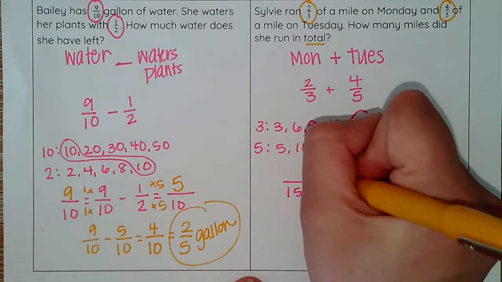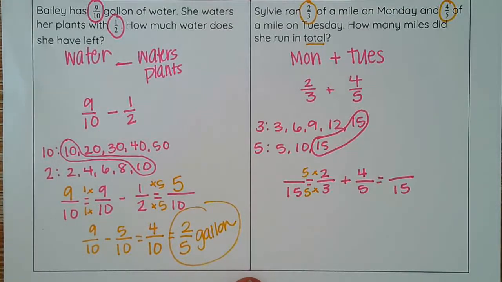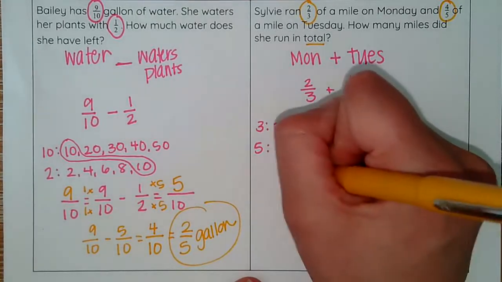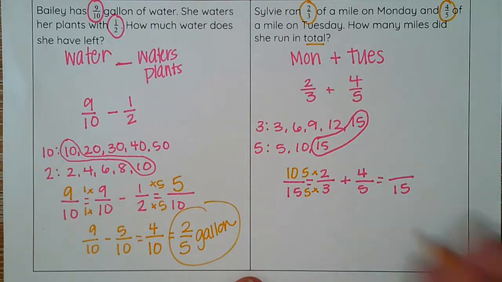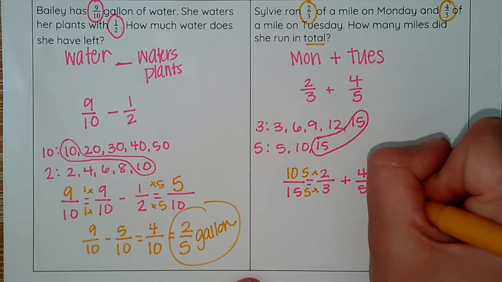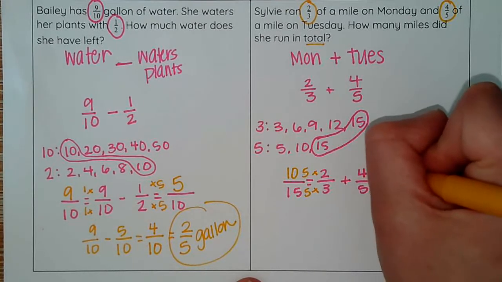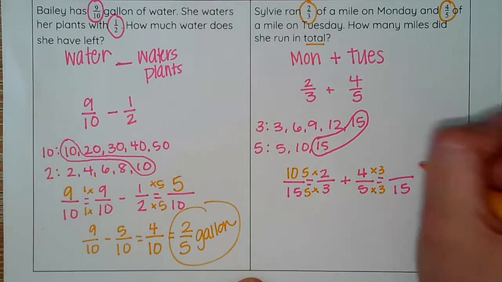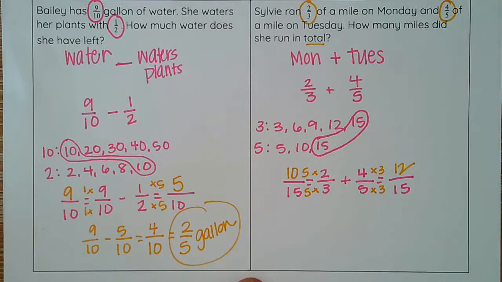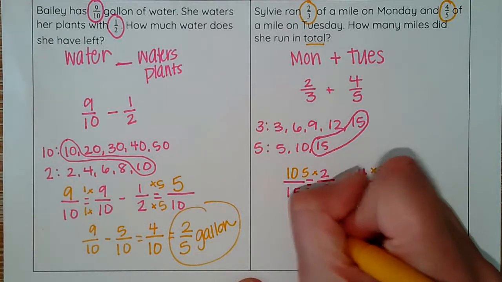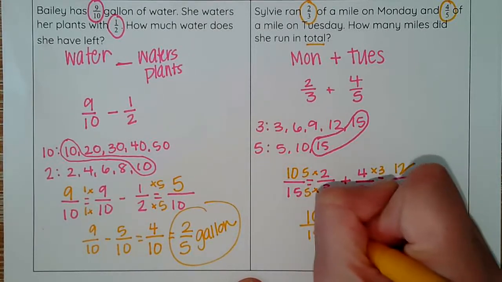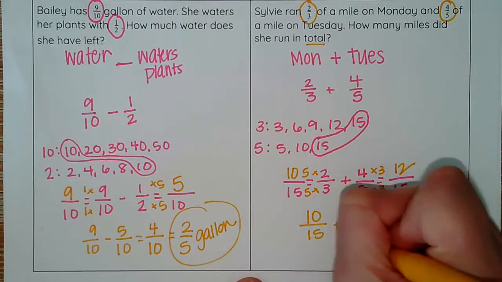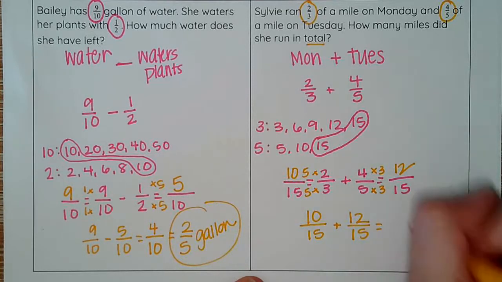Because I multiply my denominator by 5, I multiply my numerator by 5. 5 times 2 equals 10. Over here, to get 5 to 15, I multiply by 3. Therefore, I multiply the top by 3. That numerator, 4 times 3, is 12. Now, again, I've got my two new equivalent fractions, but they have the same denominator, so I can add.